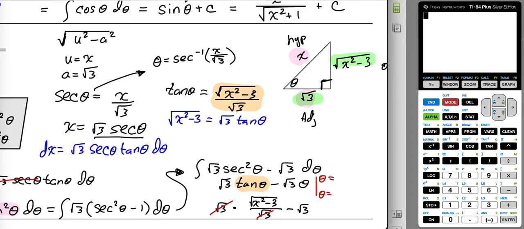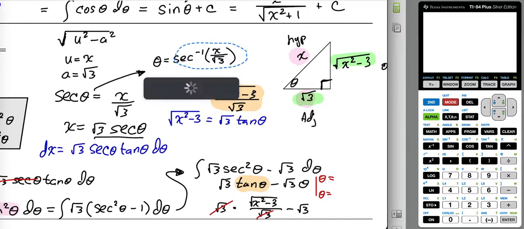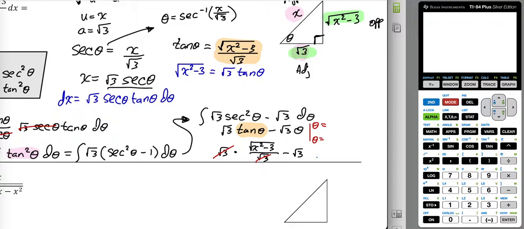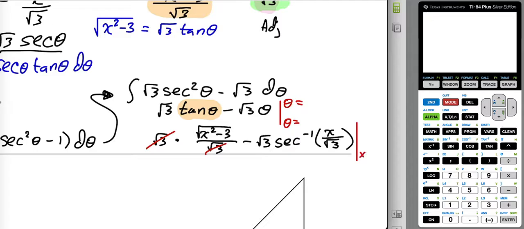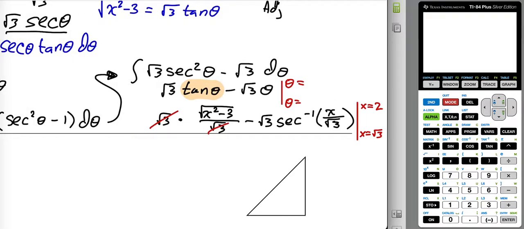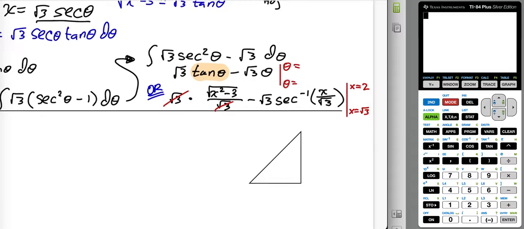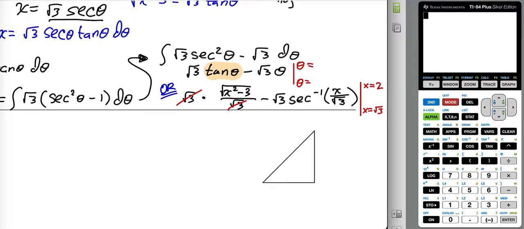There's other things that we could write, but that's the one that I would go with because it's already kind of tailor-made for us. And then that would get evaluated over the interval of radical 3 to 2, so x equals radical 3 to x equals 2. All right, so this is an either-or situation. So might as well do it both ways and see how it shakes out.